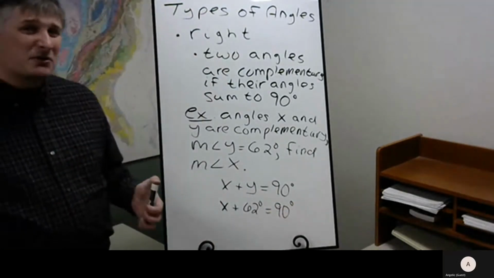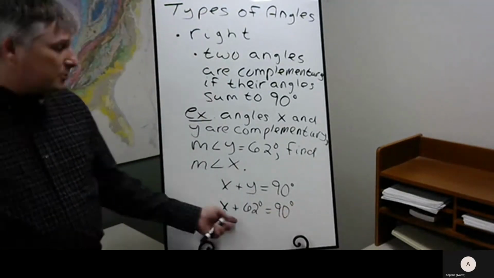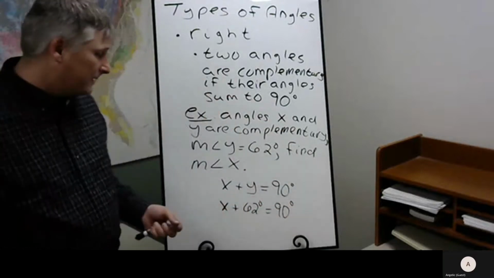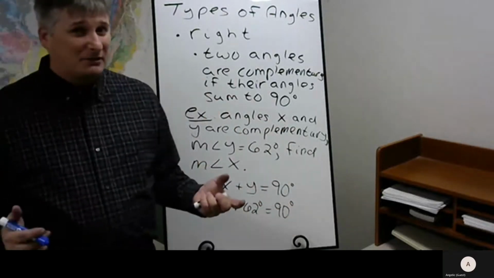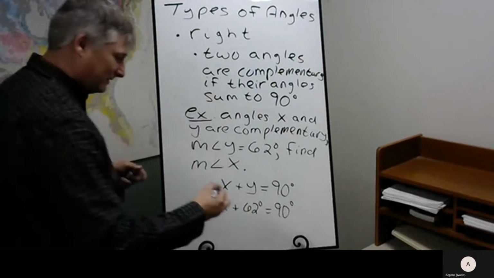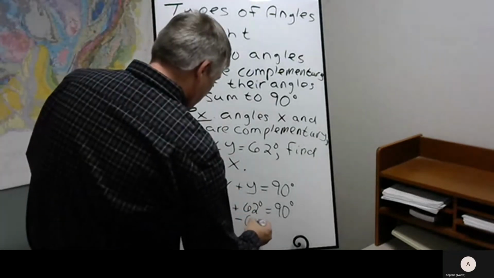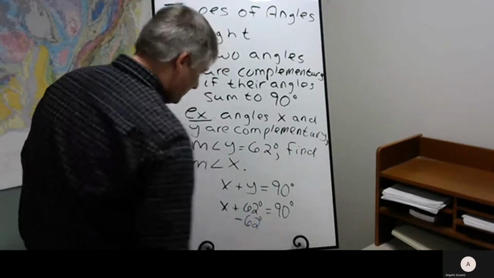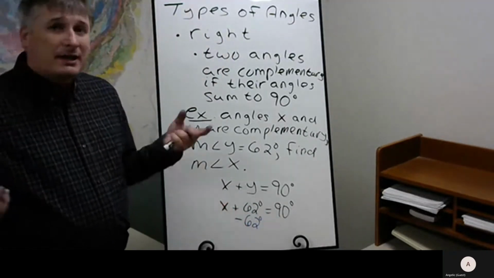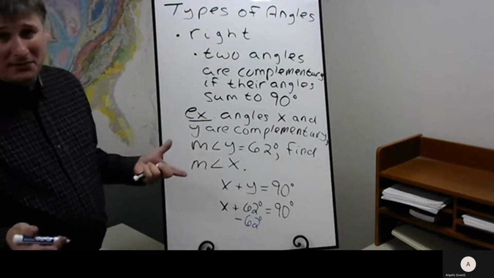So to find the measure of angle x, you can guess, like, what number plus 62 gives you 90. But another way to find x, subtract 62 from both sides. If we subtract 62 from 62, we get 0. And x plus 0, well, here's the thing.